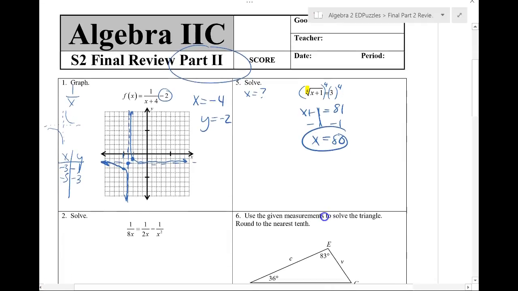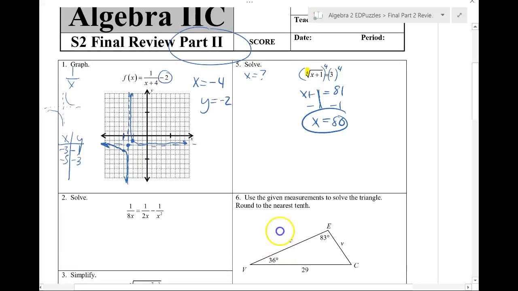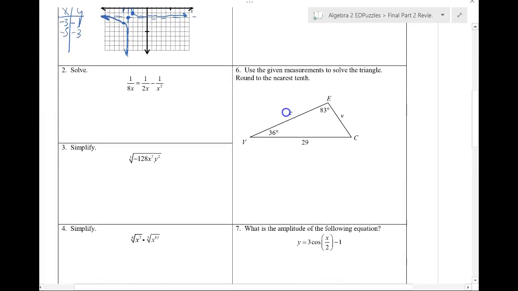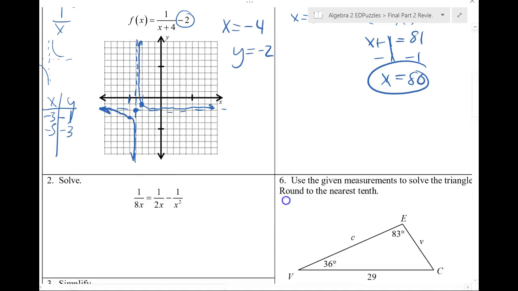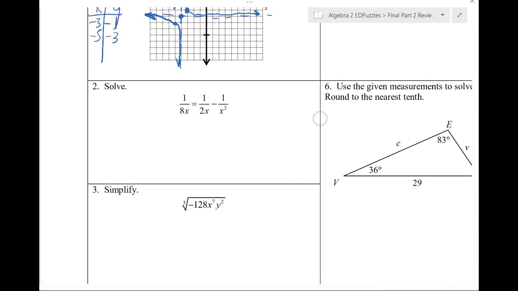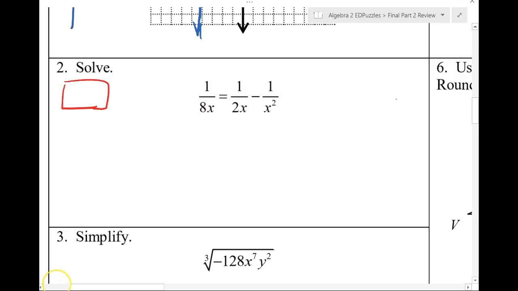Okay, you notice I actually went from 1 to 5, so now I'm going to number 2. So now number 2, I need to solve this rational equation. So what I want to do here in this rational equation is first, when I get an answer, I want to double check to see if there's an answer that will make these denominators 0.